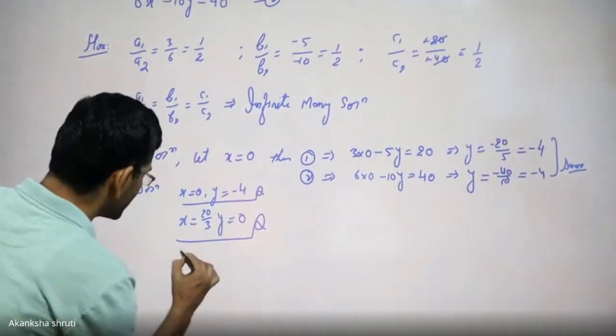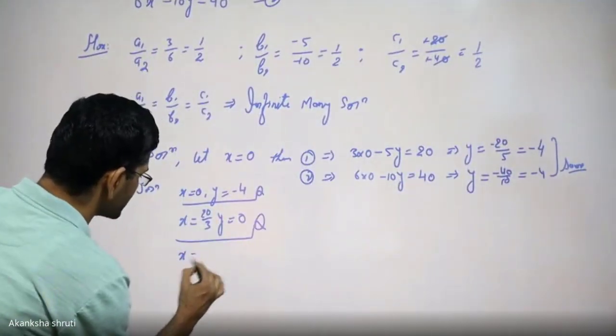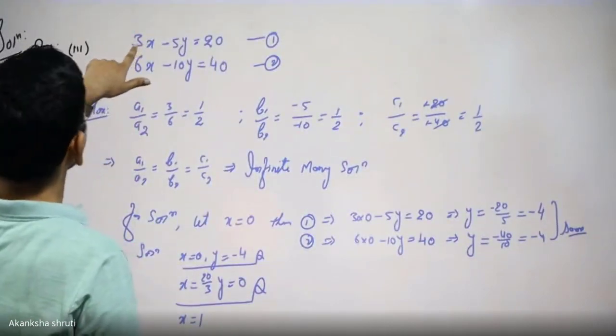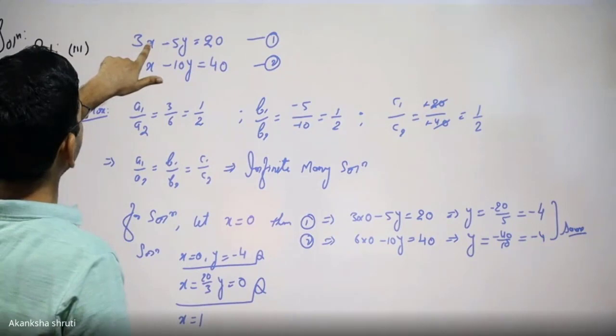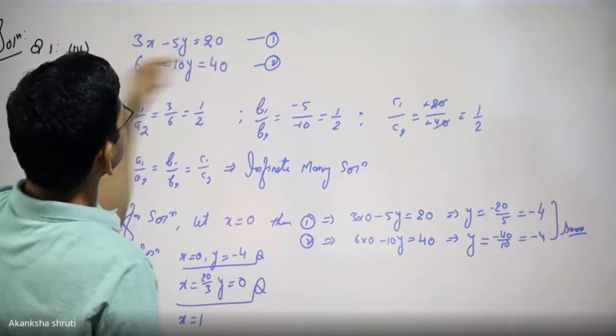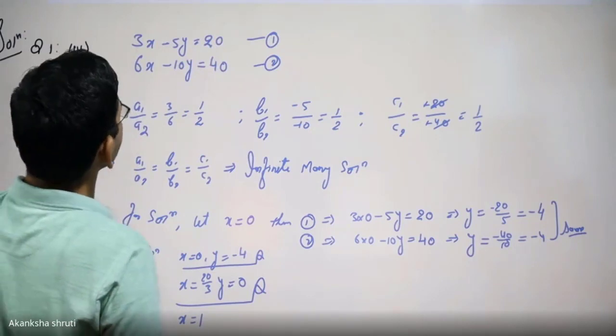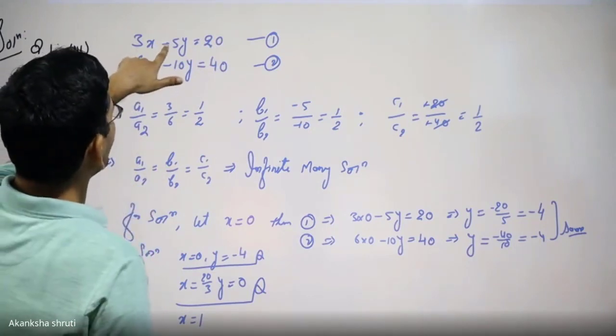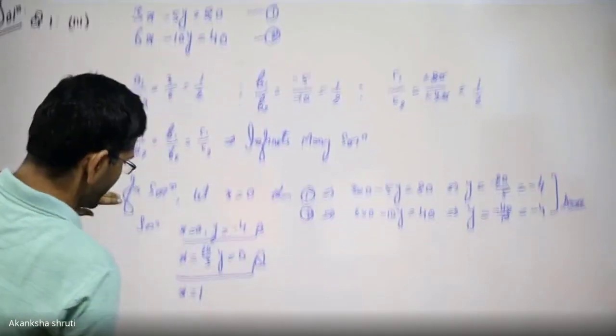As a student, you are free to take x equals 1 and calculate y. Let us substitute x equals 1 here. Substituting x equals 1, it becomes 3. 3 will go on the right hand side. So 20 minus 3 becomes 17. And this minus 5 will go in the denominator.